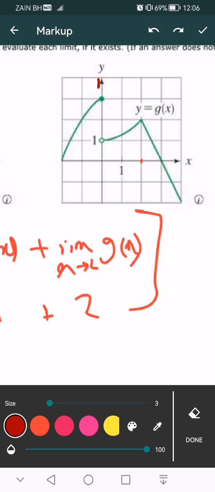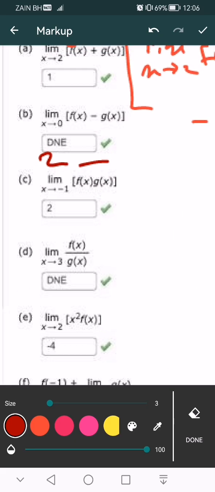When I come from the left side to the 0, what is the value? It is 1. Because the limit x goes to 0 from the right side is not equal to the limit x goes to 0 from the left side, the value will not exist. So for that reason, 2 minus this, does not exist, the value does not exist.